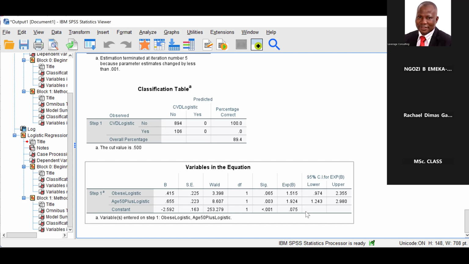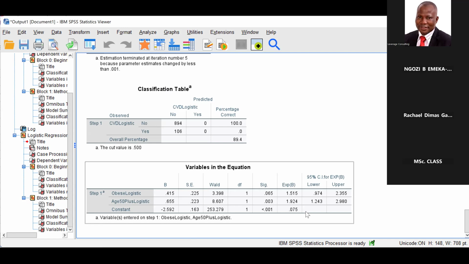If you remember, when you did only obesity, the odds ratio was 1.93. But when you now add age, somehow age and obesity are related. Most of the time, when people become older, if they continue eating, they will not burn it, and they become obese.